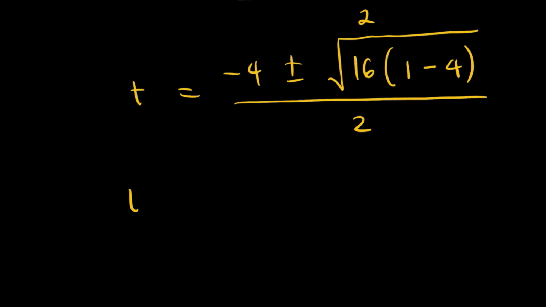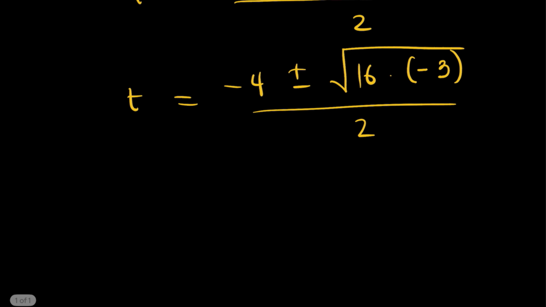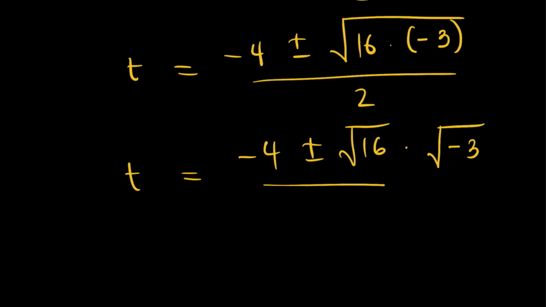This will give us t is equal to negative 4 plus or minus square root of 16 times negative 3, then divided by 2. Let us separate the radical to give us minus 4 plus or minus square root of 16 times square root of negative 3, then divided by 2.